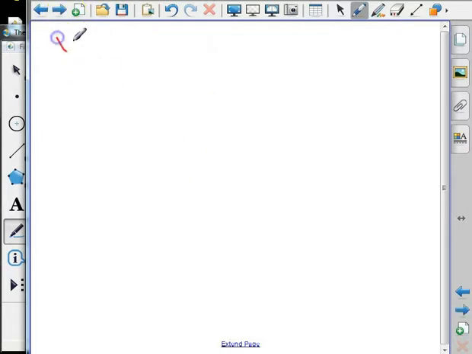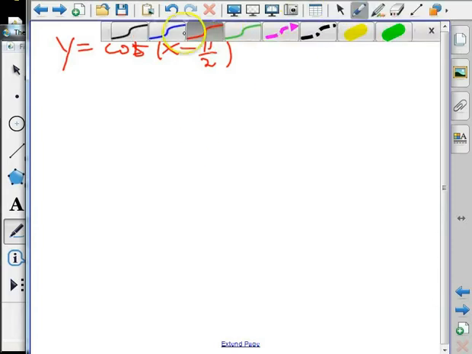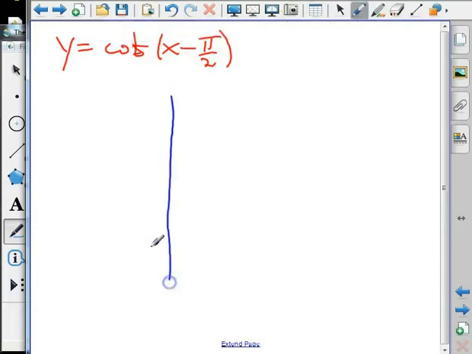Okay, let's graph y equals cotangent of x minus pi over 2. Alright, cotangent normally goes from 0 to pi with an x-intercept at pi over 2.